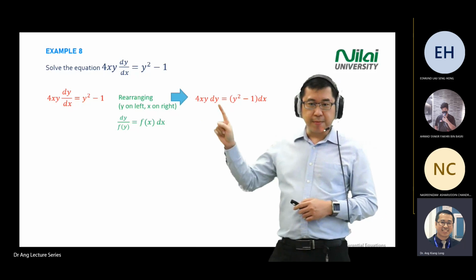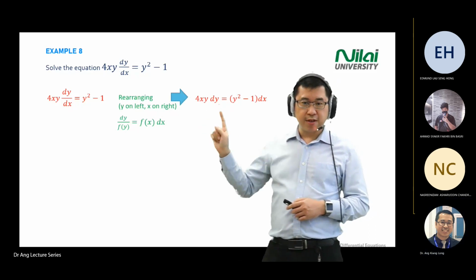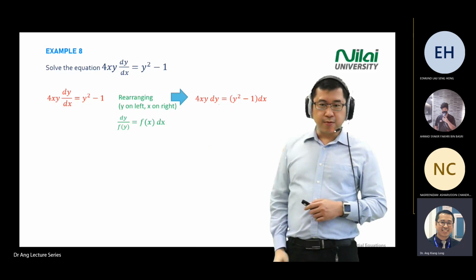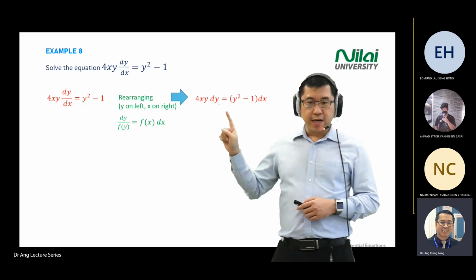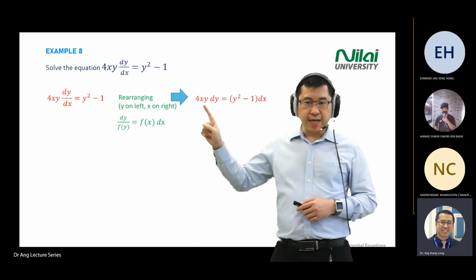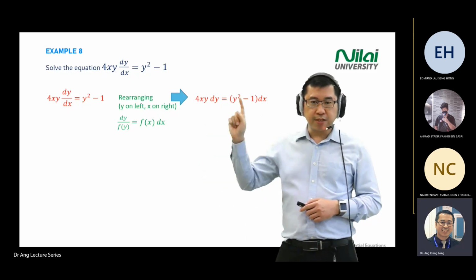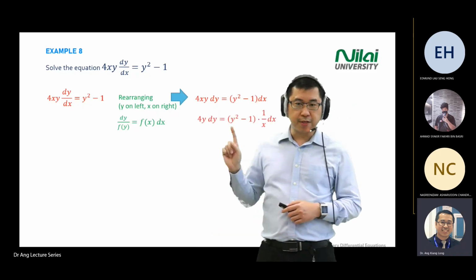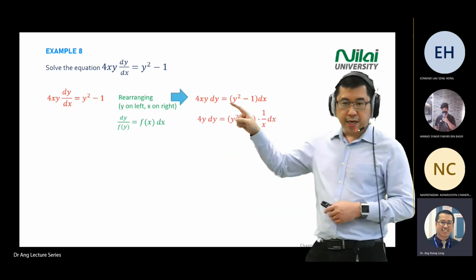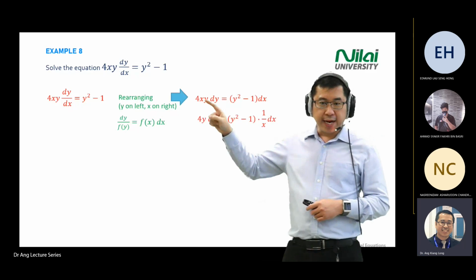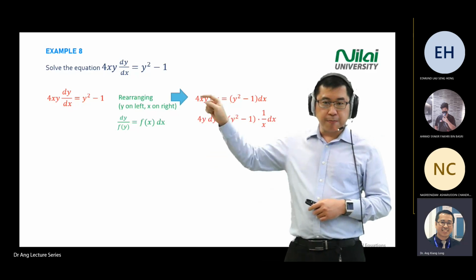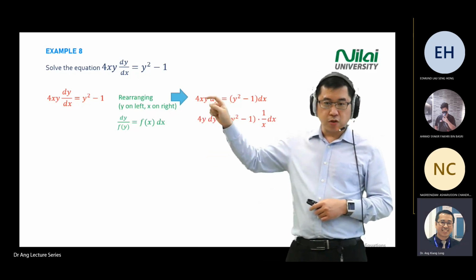Because I know that my y is on one side, on the left, and my x is on the other side, I will park my y on the left hand side. This one I will factor out later on. Then I pull my x to the right hand side.